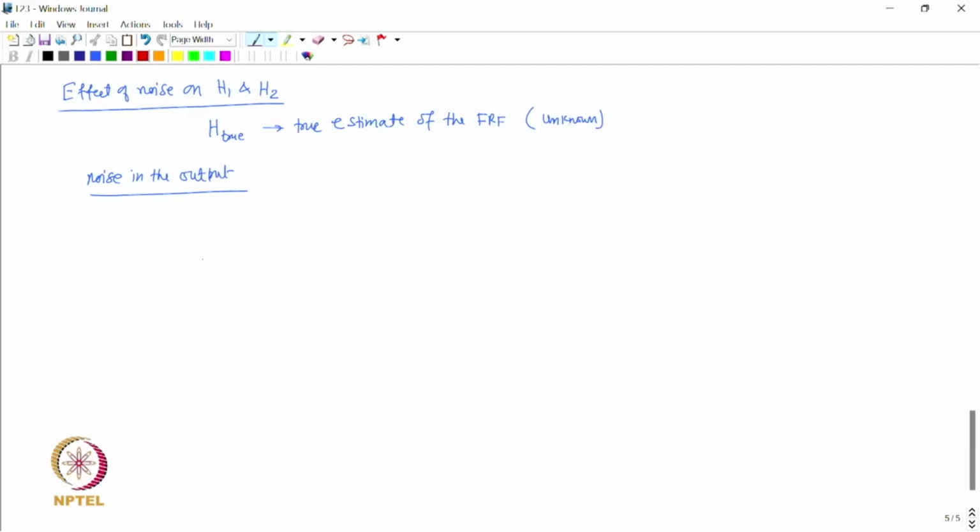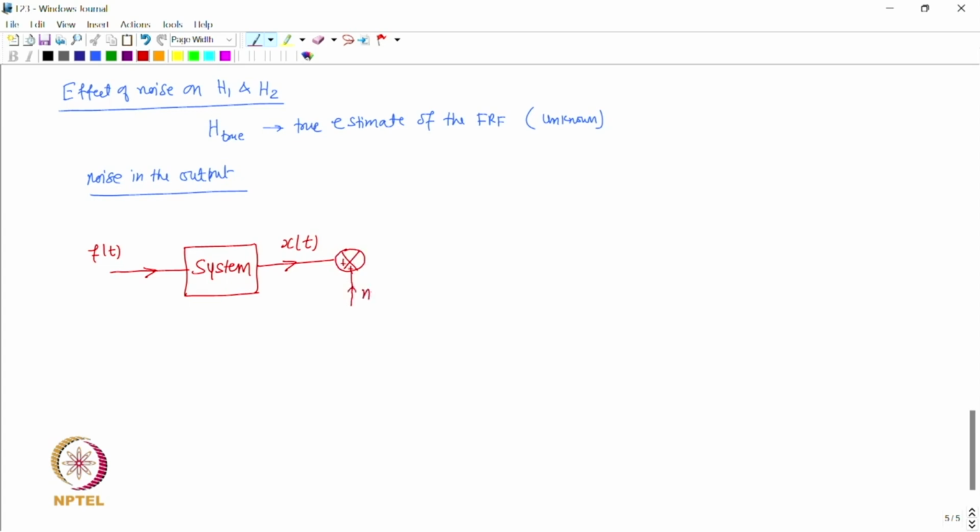So, we have this say system or structure, and then this is subjected to some excitation f of t, which results into response x of t, right, and there is some noise, uncorrelated random noise in the response.